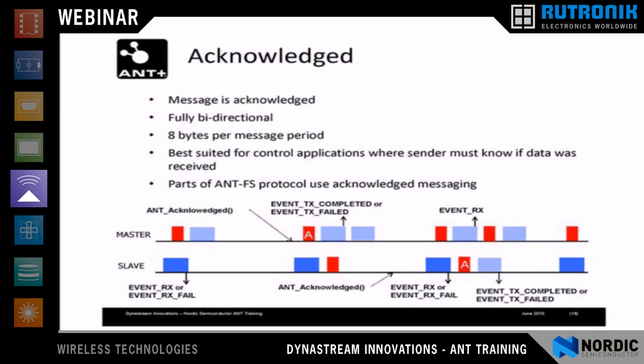Okay, acknowledged. Again, you can see with the A's on there that you've opened up a transmit channel and you've established that you are sending an acknowledged message, which will require the receiver to automatically provide an acknowledgement back. There's no management at the application level, but you do receive fail or success event messages back, so you will have to manage those in your application.